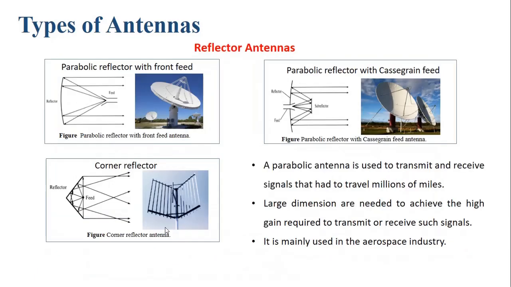The next type of antenna is the reflector antenna. Mostly for transmitting and receiving signals that travel millions of miles, parabolic reflector antennas are used. They have diameters of very large size.